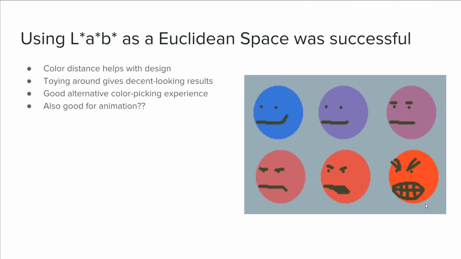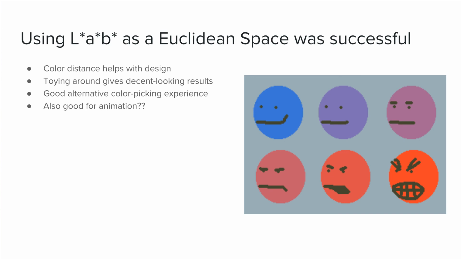It's useful for visual design, and it could be useful for things like animation. Staying within the lab space allows you to have colors transition from one color to another in an appealing way. I can't attest how useful this would be for something that must be physical or photographic.